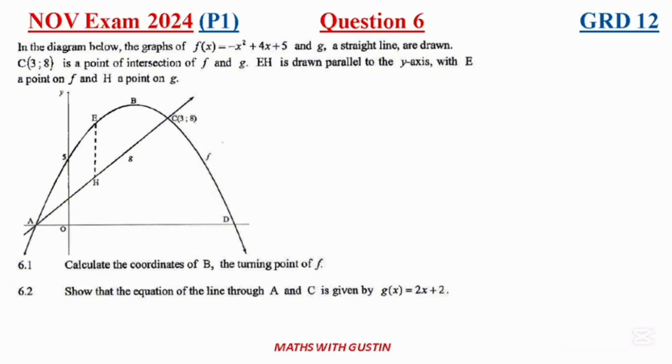Now it says here that C is 3, which is this point here. (3;8) is a point of intersection where EH is drawn parallel to the y-axis with E as a point on f and H.